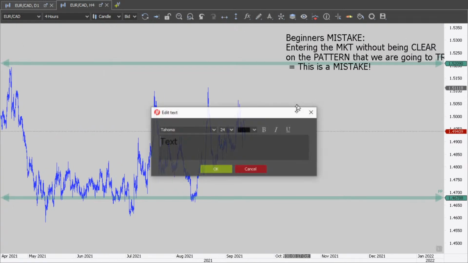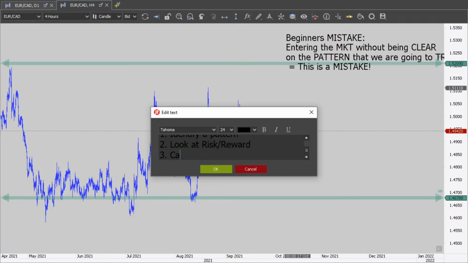Trading is not that difficult. Process number 1, identify a pattern. Number 2, look at risk reward.